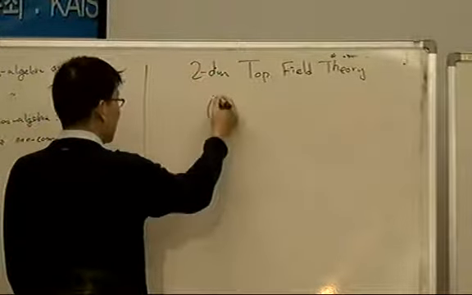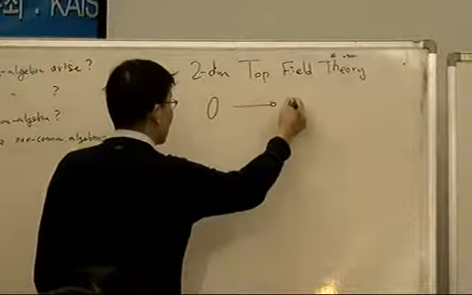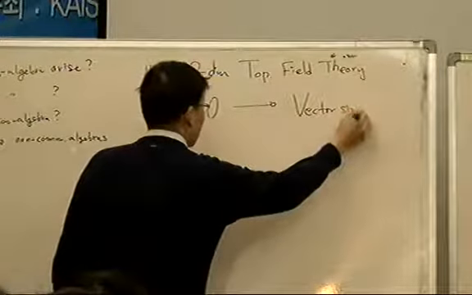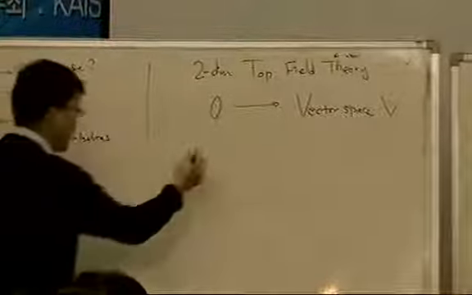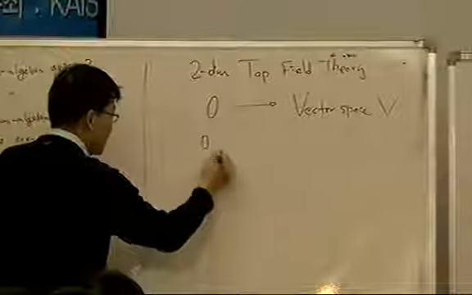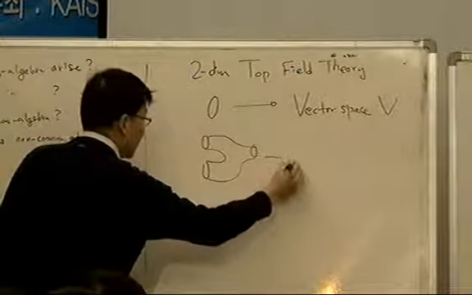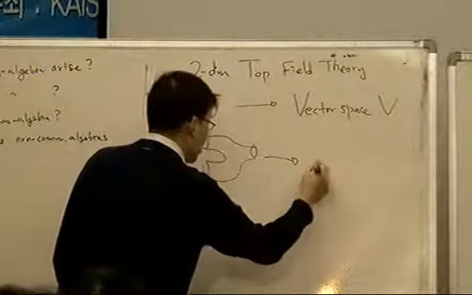What is this? For a circle, you correspond some vector space. And if you have a surface with boundary circles, then you correspond a morphism, some homomorphism.